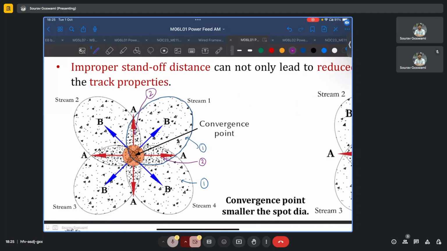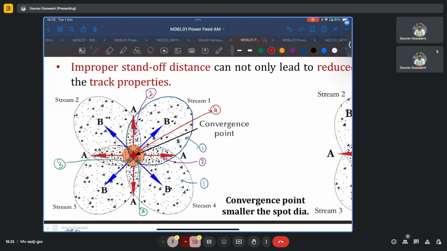Then there are these regions where three powder streams are overlapping, which I am showing in green. And finally, the central region, which I will highlight, has overlap from all four powders. So that is the region of maximum concentration.